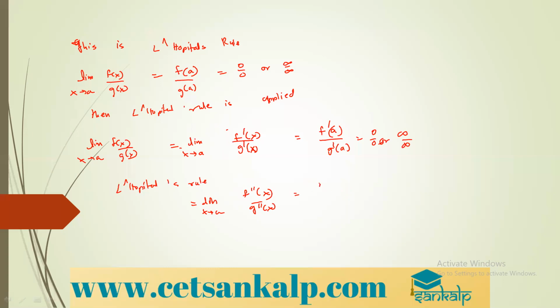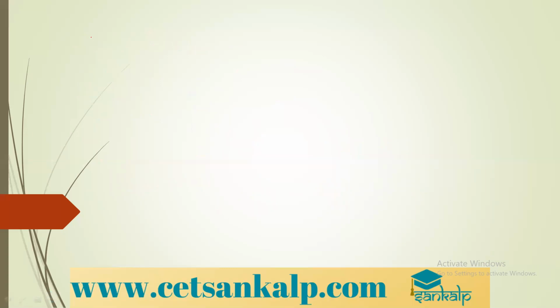Suppose if I put directly a into it, f double prime of a, g double prime of a, and suppose I get 0 by 0 or infinity by infinity, so again I have to apply L'Hopital's rule. So this process continues. While doing problems, you will understand.